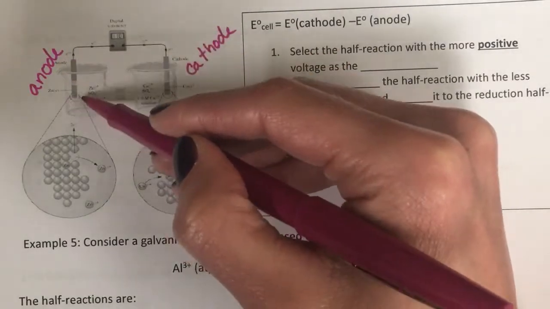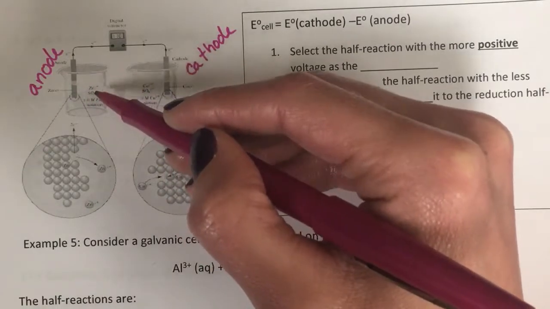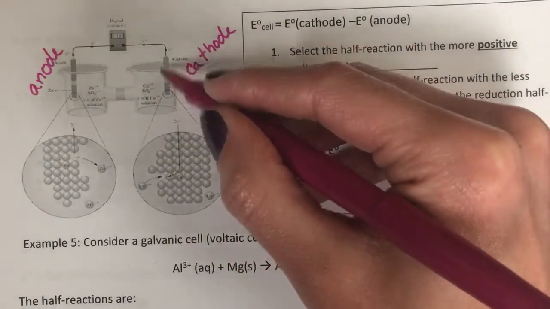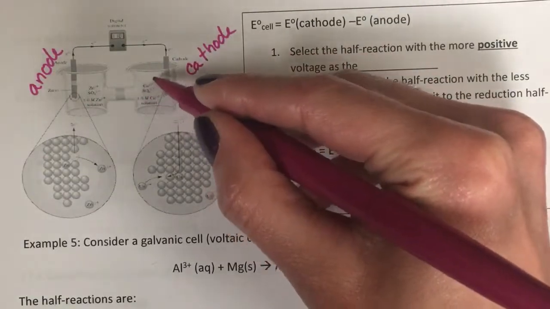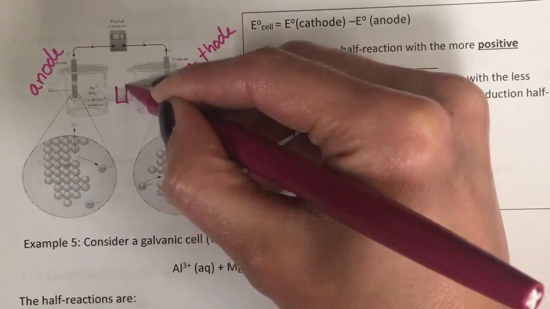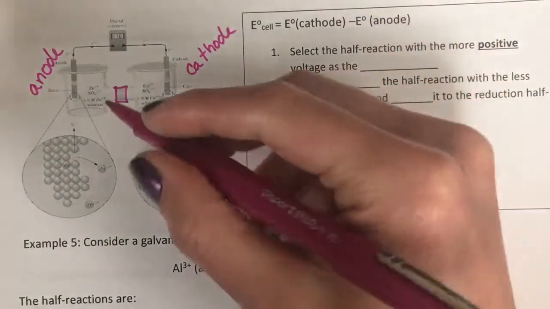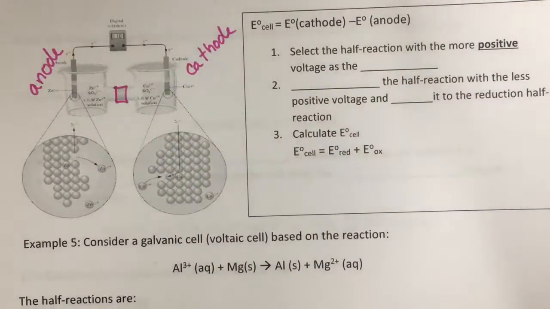So my zinc solid is going to get smaller as the metal turns into zinc 2+. My copper solid is going to get bigger as the 2+ turns into solid. And then I have my porous disk so that my positive ions and my negative ions can balance out so my reaction keeps going.